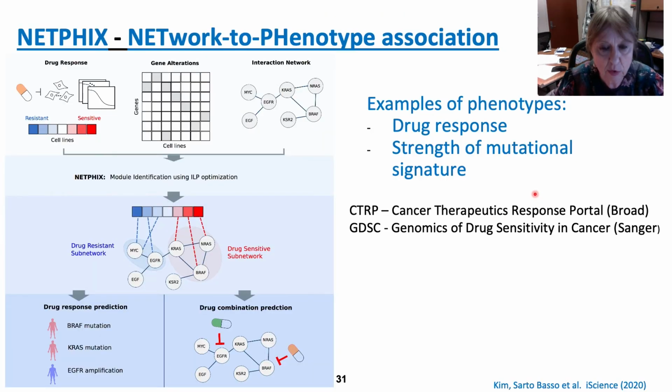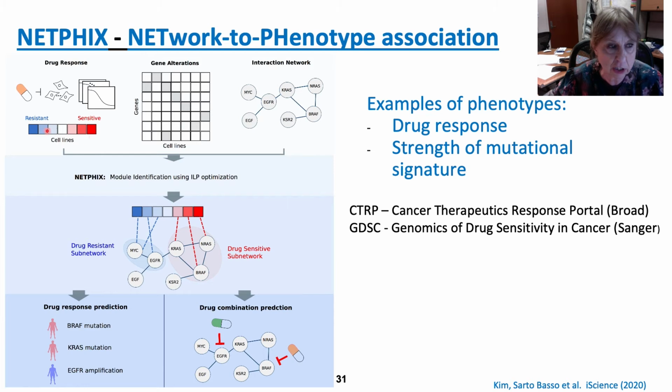I will not have time to go into details of the NetFix algorithm, as it is not as simple as EcoSig class. However, I'll provide a very high-level description. We are given a set of patients, or for drug response, a set of cell lines. For every patient or every cell line, we measure the value of a quantitative phenotype.